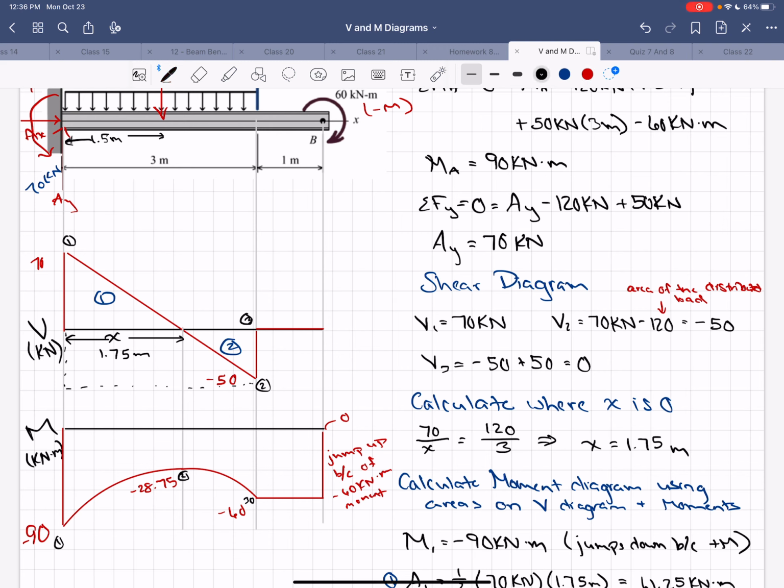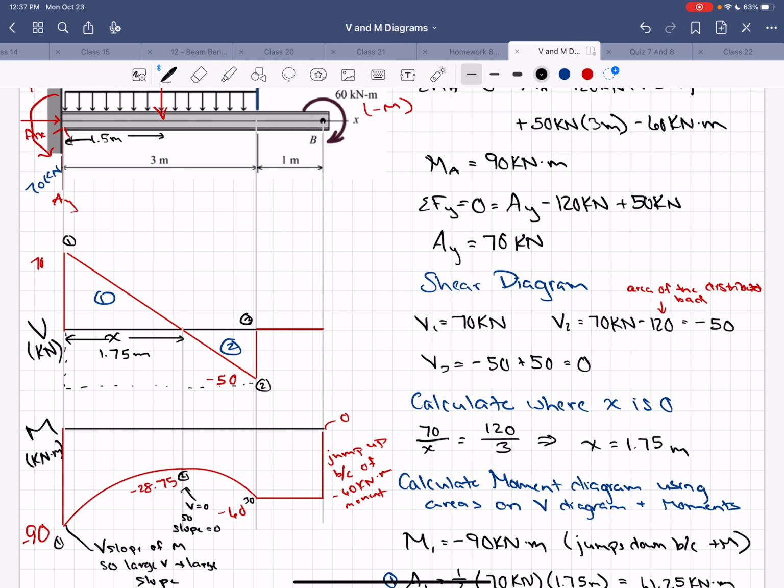So remember to think about each point. V is the slope of M. So when the shear is larger, large V, large slope, and here V equals 0, so slope equals 0.